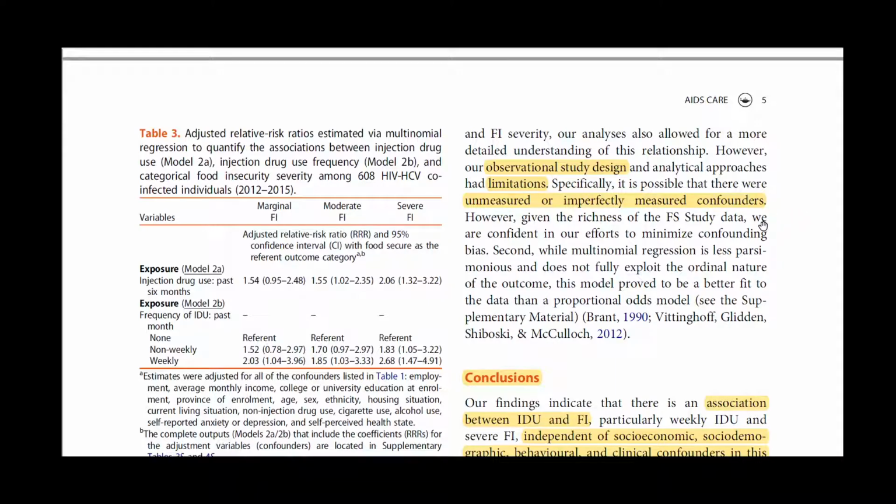So while I adjusted for a variety of socioeconomic, sociodemographic, behavioral, and clinical factors in order to eliminate confounding bias by these factors, this is an imperfect strategy, as in the absence of randomization, you cannot ensure that you've adjusted for every single confounding variable, which means that confounding bias may remain, and our risk ratio, that number 1.15, while we think it is valid, may still be biased by confounding.